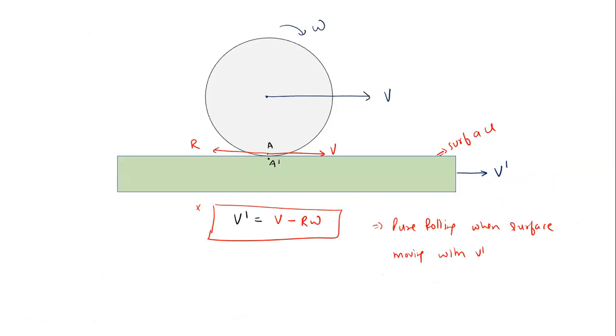Okay, now next is the acceleration in the case of pure rolling. In pure rolling, the same condition applies: the acceleration of the point of contact should be the same.